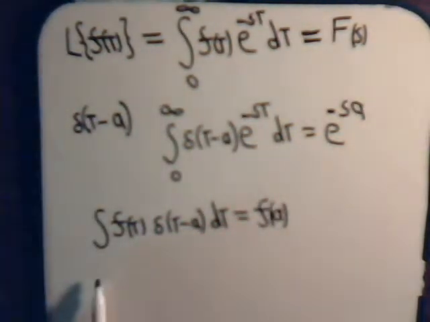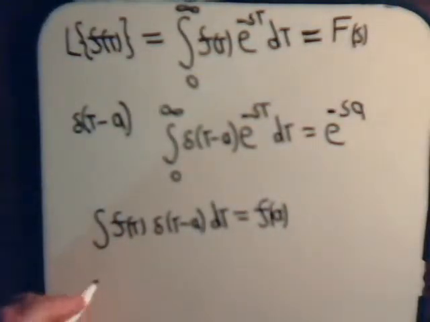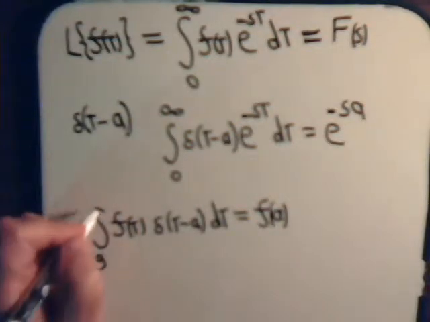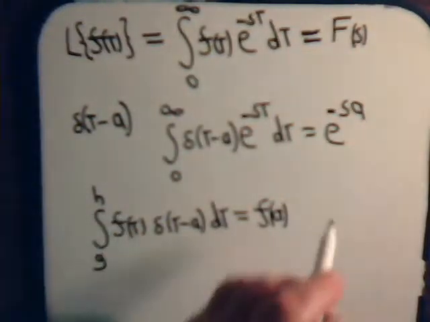And the limits here could be from minus infinity to plus infinity, as we did in the previous video, or it could be from 0 to infinity, or it could even be a definite integral, providing that a lies in between g and h.